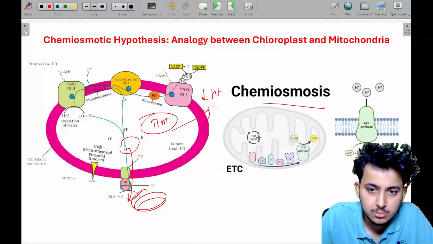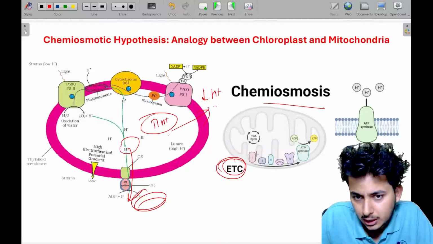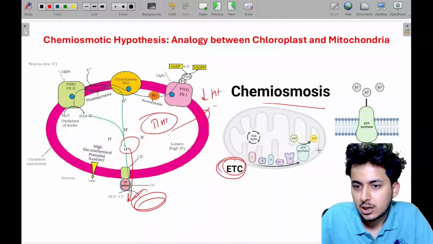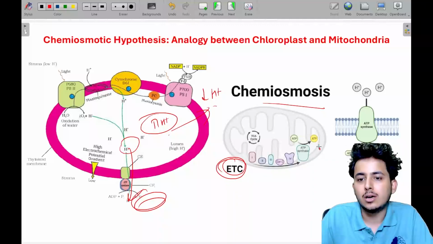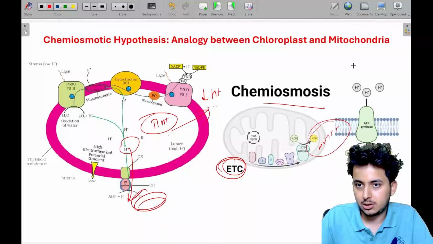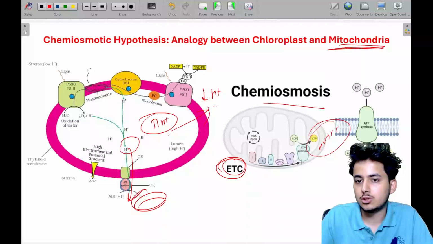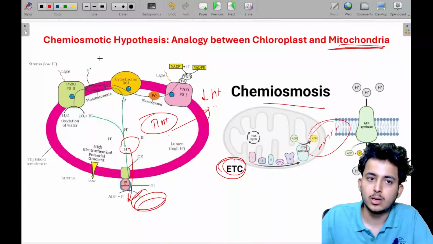In chemiosmosis, basically you have the electron transport chain with different complexes. When the electrons flow through these complexes, in the intermembrane space you have a higher proton concentration. That is what is happening in the mitochondria. There it is due to the movement between these complexes, here it is with the stroma and the lumen.